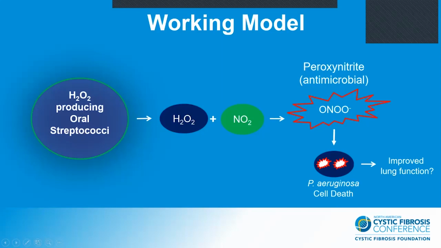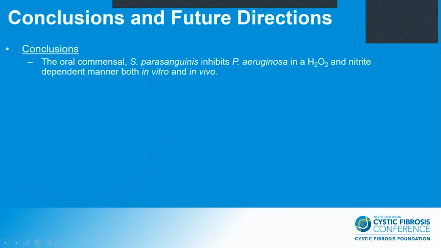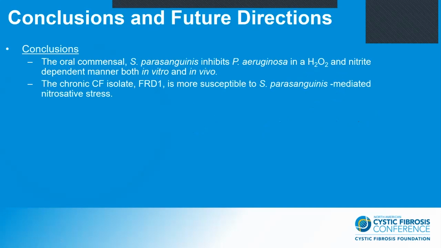And so we believe that this might potentially be involved in improved lung function in cystic fibrosis patients. So to conclude, the oral commensal Strep parasanguinis inhibits Pseudomonas in a hydrogen peroxide and nitrite dependent manner in both our in vitro and our in vivo models.